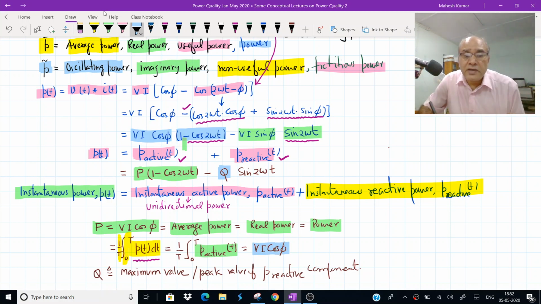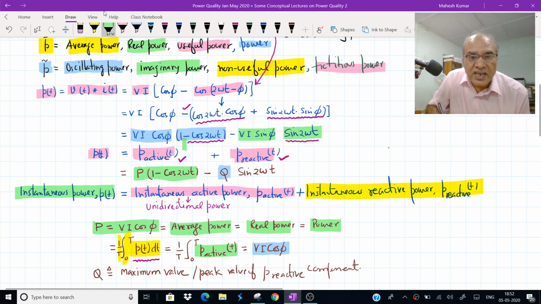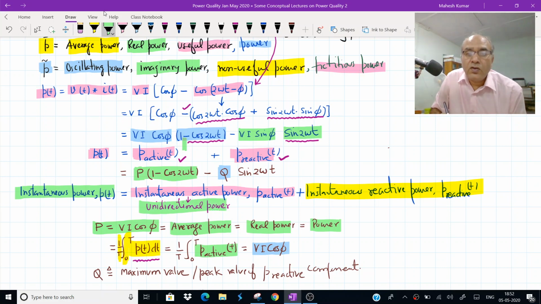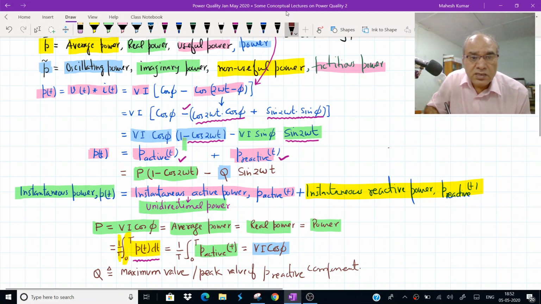One more thing here. This active power is also called the unidirectional power. Please remember, it has a special name, and this is called unidirectional power. Why is it called unidirectional? Because it is always positive.